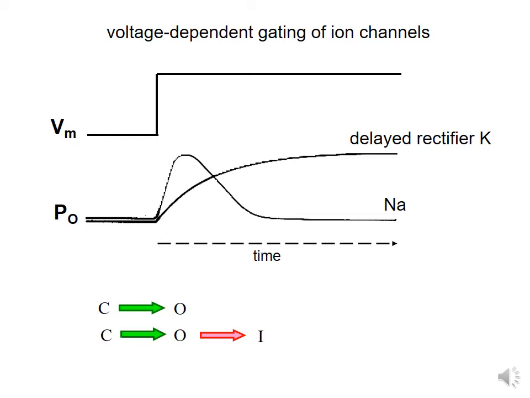What about activation? That's another major feature of ion channels, and activation involves the very fast opening of these channels. It means these channels transition from a closed state to the open state in response to a change in transmembrane voltage, and that also must involve some kind of molecular mechanism.